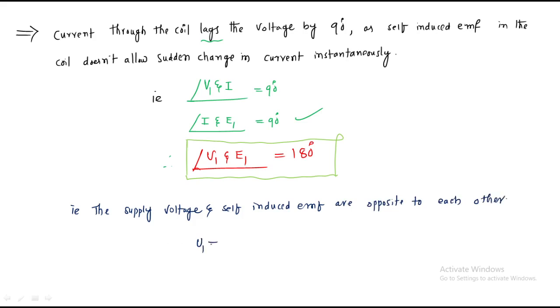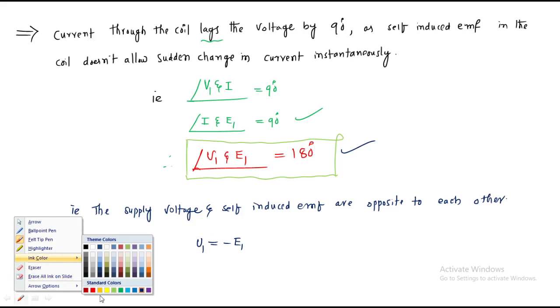That is V1, opposite means what? 180 degrees, right? When it is 90 degrees, it opposes the changes. When it is 180 degrees, they are opposite to each other. That's why V1 is equal to minus E1.